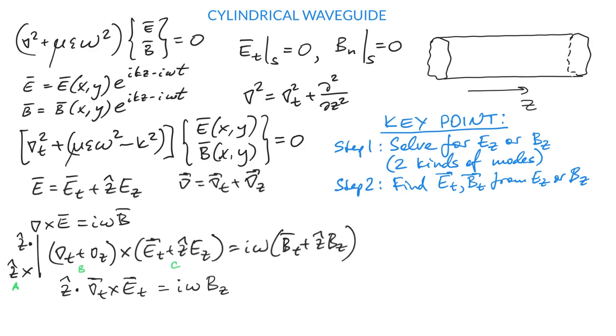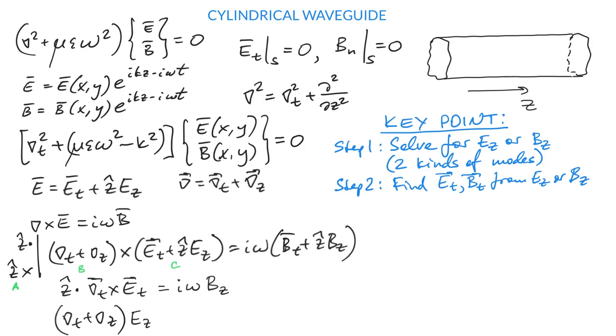Now we need to keep the field to the right of the differential operator, but we don't need to worry about z. z is a constant vector, so it doesn't matter whether it's to the right or to the left of the del. So in the BAC term, we simply get (del_t plus del_z), and A·C is z dotted with a field, so that's just E_z.